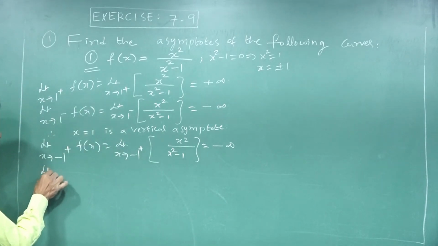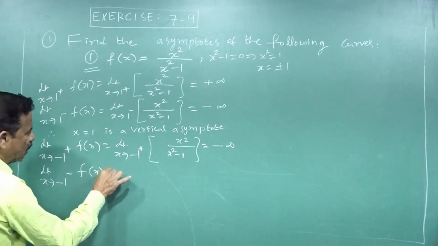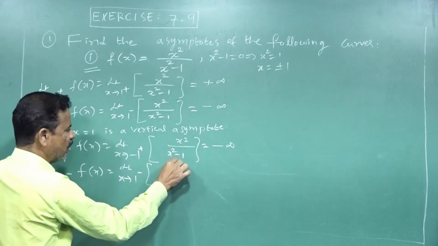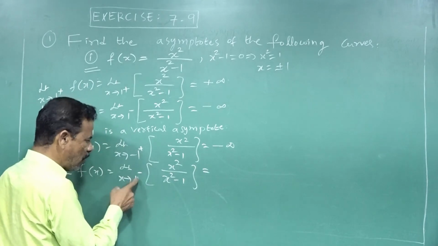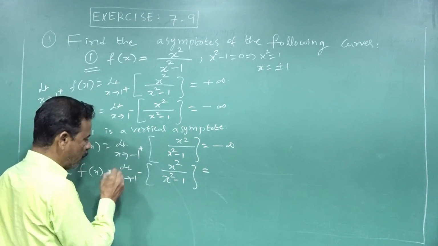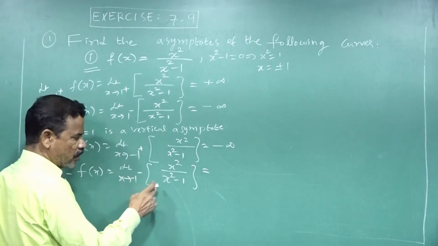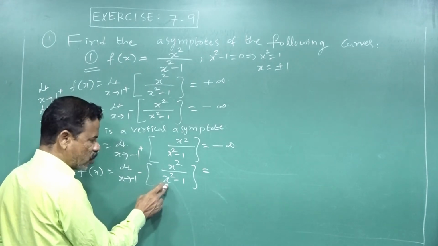Next, check the limit as x tends to minus 1 minus of f of x, x square by x square minus 1. On the left side of minus 1, take 1.1 square, which is 1.21.